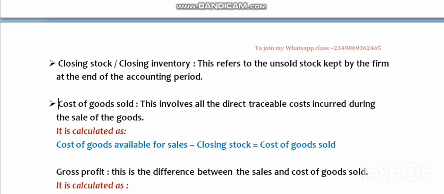Another one is salary paid to your workers, the employees, or the administrative expenses. These administrative expenses are not directly traceable to the sale of the goods. Though they are a cost incurred, they are indirect costs. That is why they are called overhead costs.